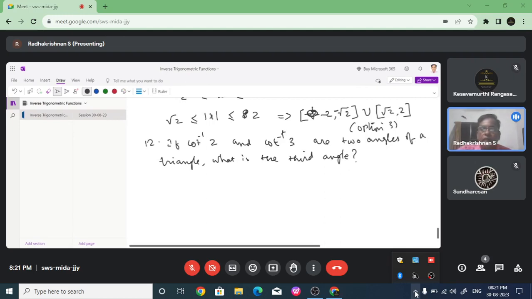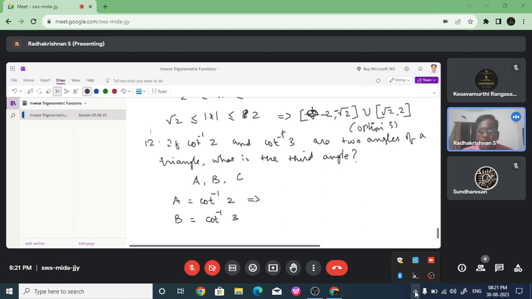To keep it easier to understand, let the angles be A, B, and C. The first angle is cot inverse of 2, so A equal to cot inverse of 2 and B equal to cot inverse of 3.